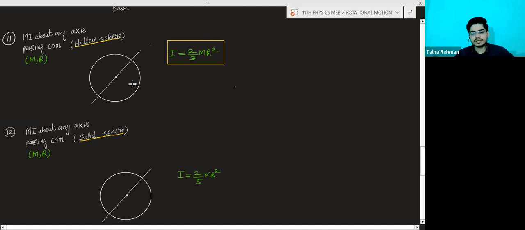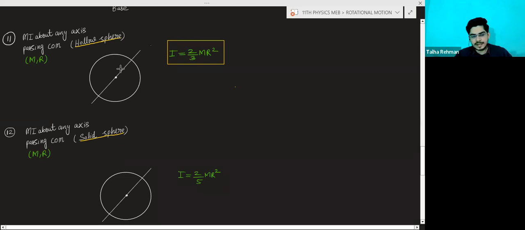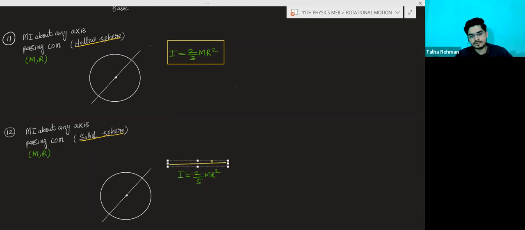So what is moment of inertia? You can compare it as mass into R square. So R here will be more, and that is why this moment of inertia is more than this. Okay. Please write down this also.